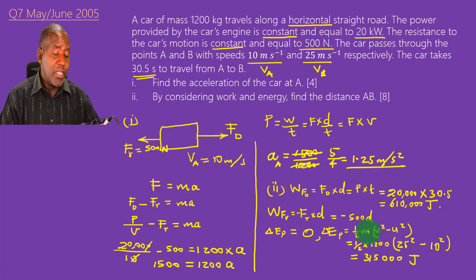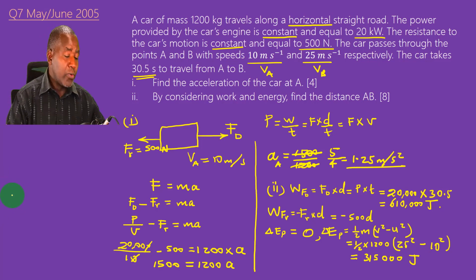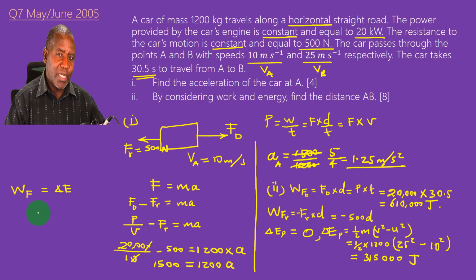How do I put them together? This is how I put them together. The work done by external forces is equal to the gain in energy. What are the two external forces? The external forces are the driving force and the resistance.